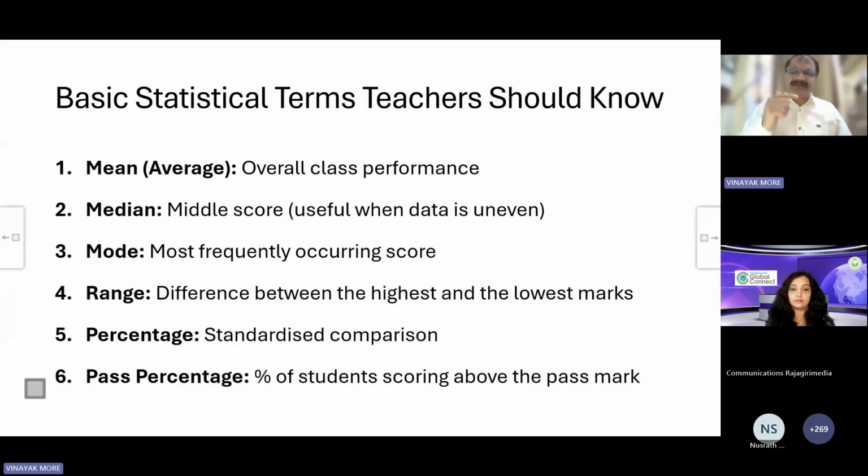The value that you are calculating on these three parameters has a tendency to go closer to the center point of the given data. Whereas range, or deviation, or we can say quartile, standard deviation, quartile deviation, these two, three statistical parameters speak about how the data is spread alongside the center.